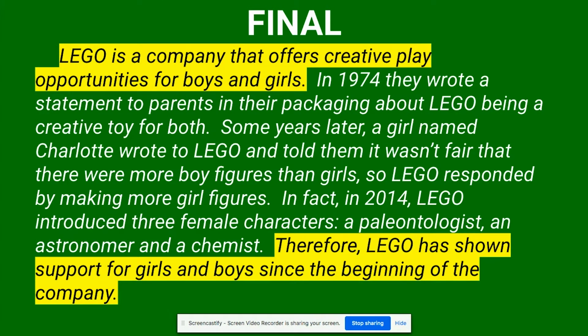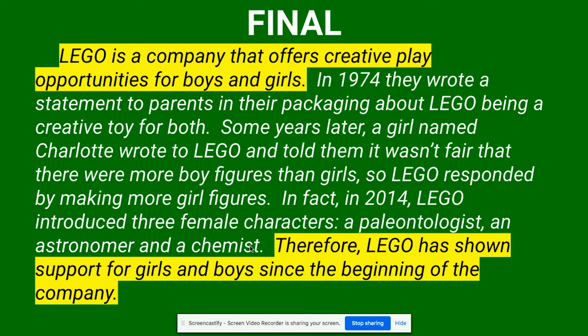So how do you put that together into a piece of writing? Well, notice in the yellow highlighted area at the beginning, that's my thesis sentence. Lego is a company that offers creative play opportunities for boys and girls. Then I followed up with my 3 detailed points, just as we read before.